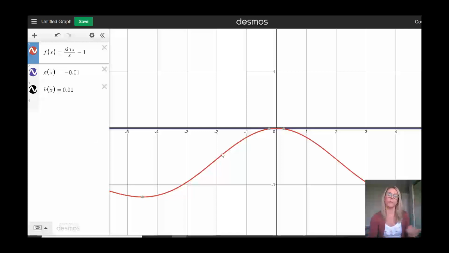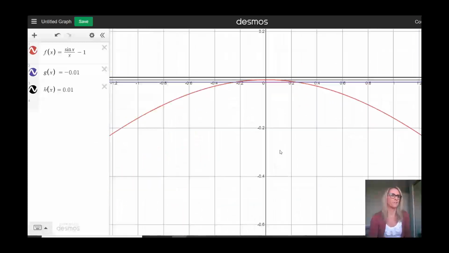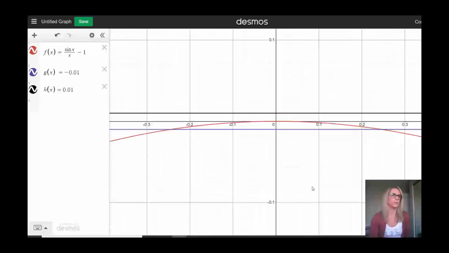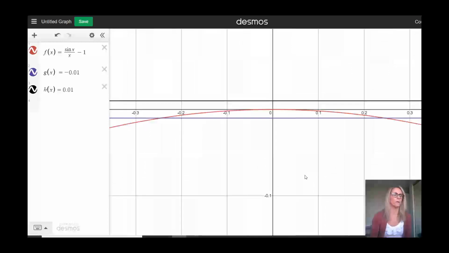And that function looks different than what we just saw. But if I zoom it in, zoom, zoom, zoom, we're still seeing the sine of x over x minus 1, that's the red one. And you see that we have two constants there as well.